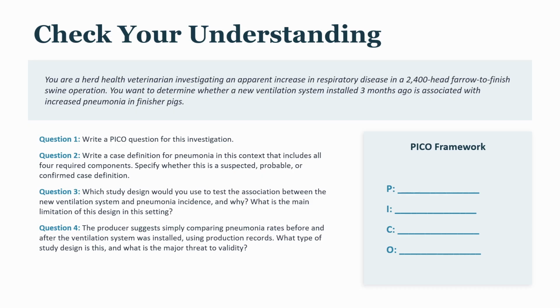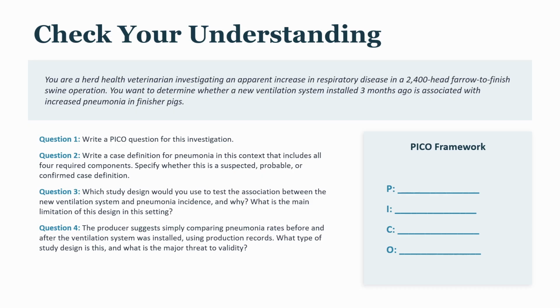Question 2, case definition. Clinical criteria: rectal temperature equal to or greater than 104.5 degrees Fahrenheit and at least two of the following: increased respiratory rate greater than 40 breaths per minute at rest, labored breathing or dyspnea, nasal discharge, reduced feed intake greater than 25% below pen average, cough observed on standardized observation.